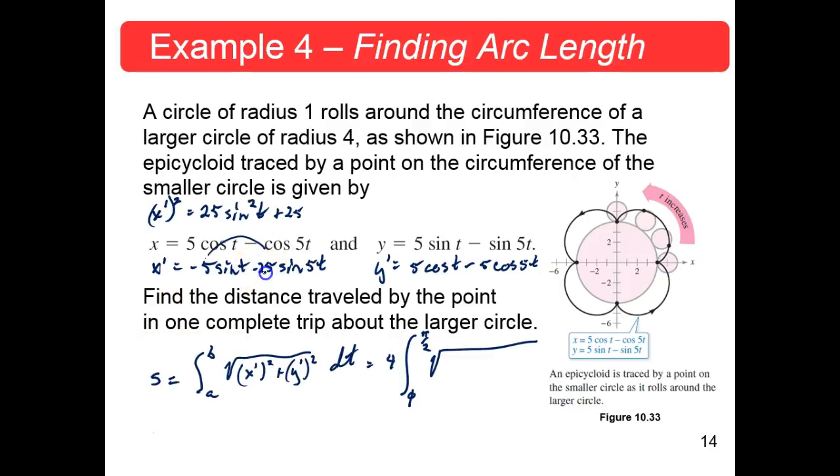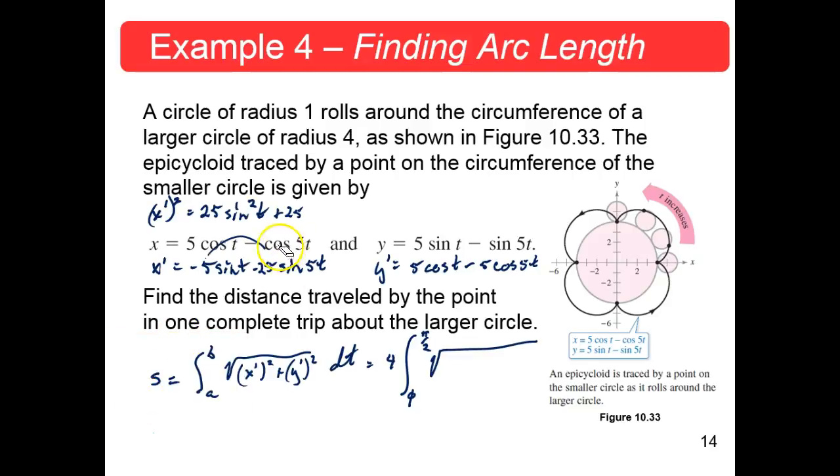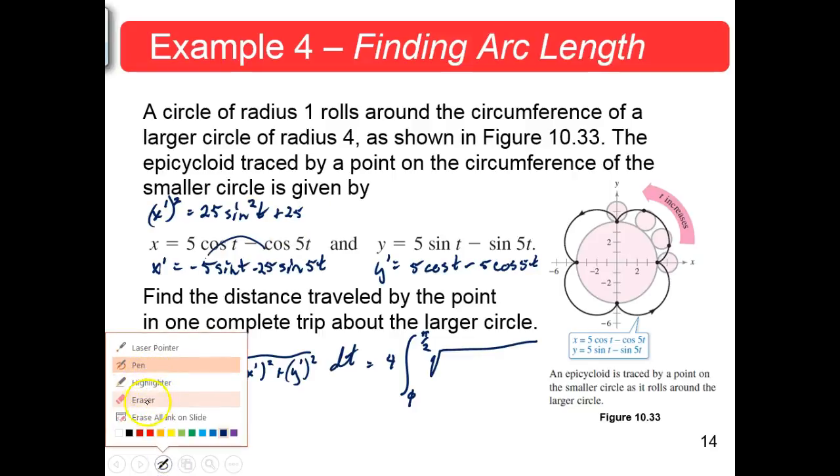Okay. Minus 25 times sine of t sine of 5t. Is that right? Yeah. Wait a minute. I put it in the wrong place. Sorry about that. I messed up badly.